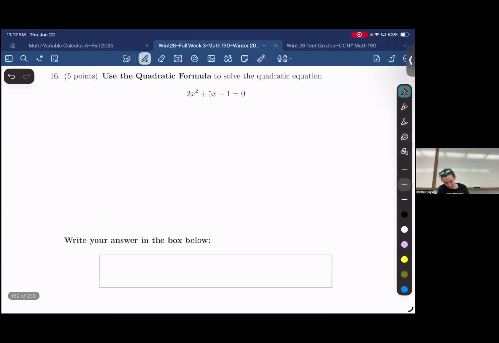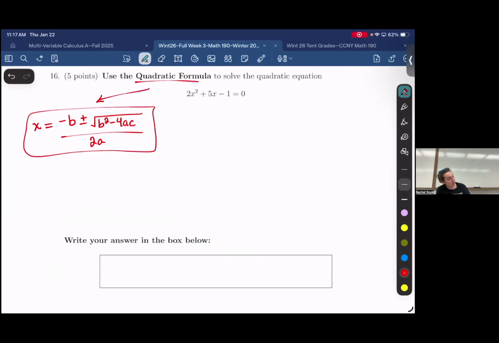Our quadratic formula, again, to the song Pop Goes the Weasel, x equals negative b plus or minus square root b squared minus 4ac all over 2a. That's what we're using here. Now let's identify our a, b, and c. Our a is 2, our b is 5, and our c is negative 1.